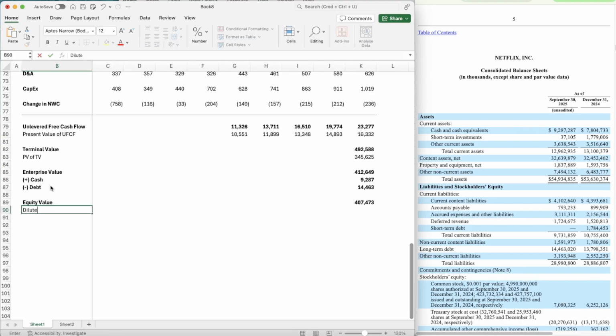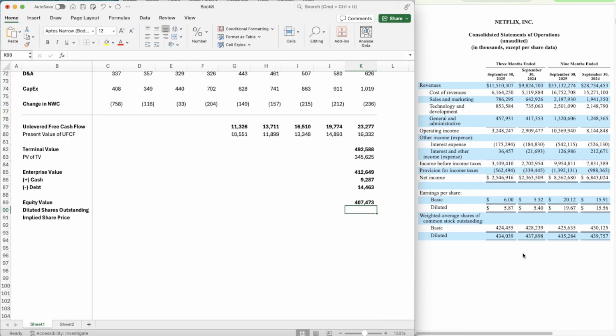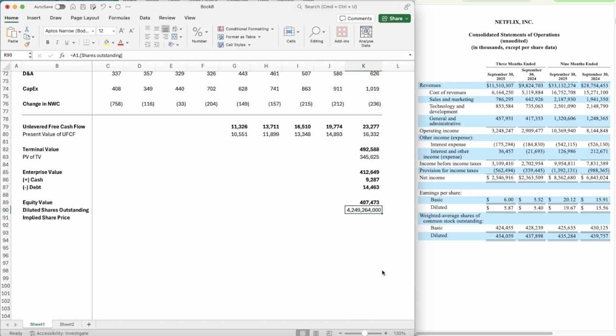Then we want the diluted shares outstanding, then implied share price. Let me just check something because it recently had a stock split. So I don't know if this is the right amount of shares. Okay, so now they have 4 billion shares.